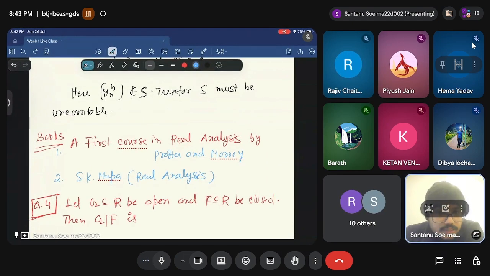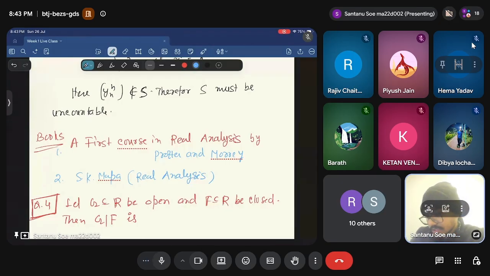An open set means if you take any point in the set and choose a small interval, the interval must be a subset of that set. That means every point should be an interior point, correct? And what about closed? A set is called closed if its complement is open, or in other words, if it contains all of its limit points, right?